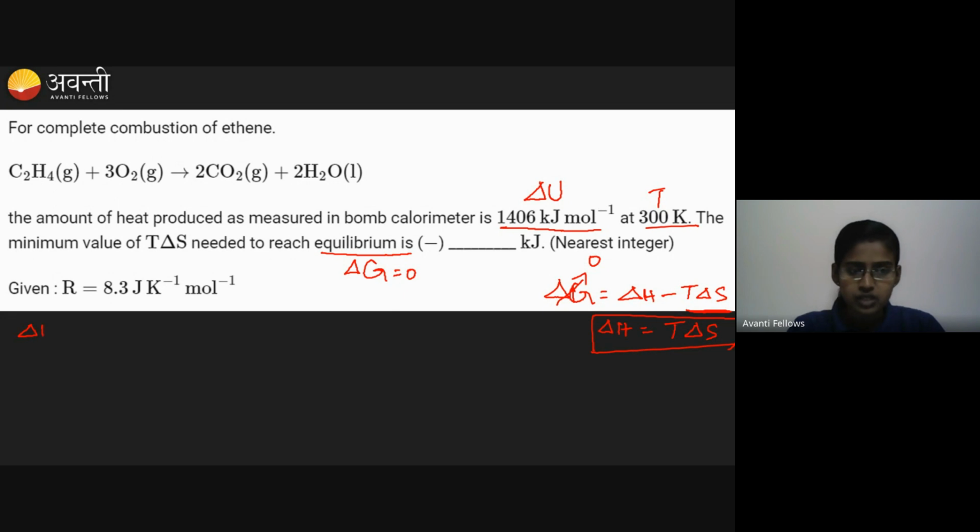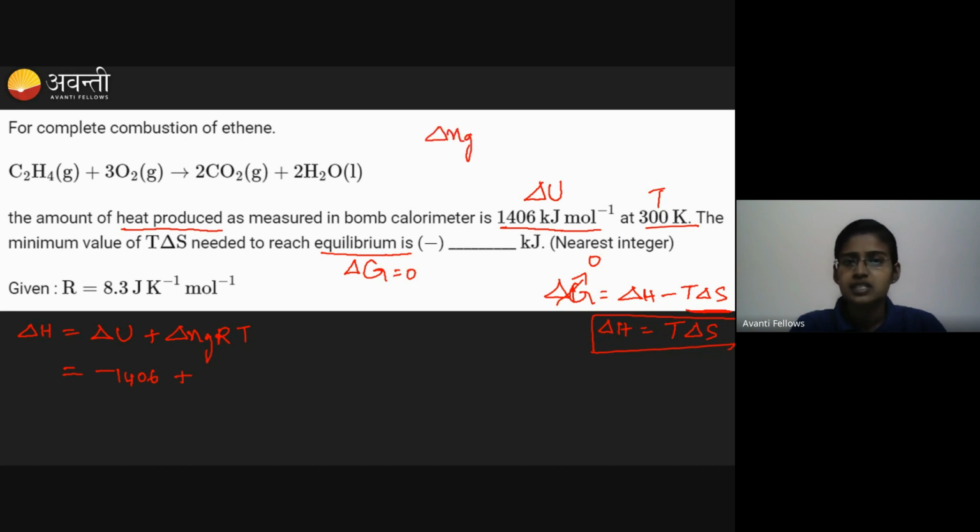To find out this delta H, you have to use the formula delta H is equal to delta U plus delta Ng RT. Delta U is given in the question, and the heat is released, so it should be negative. So it is minus 1406. Very good. Plus delta Ng.